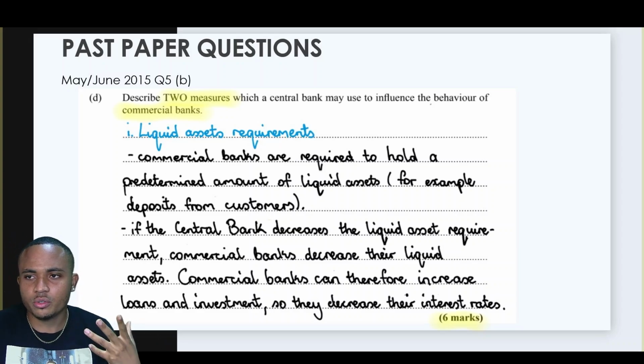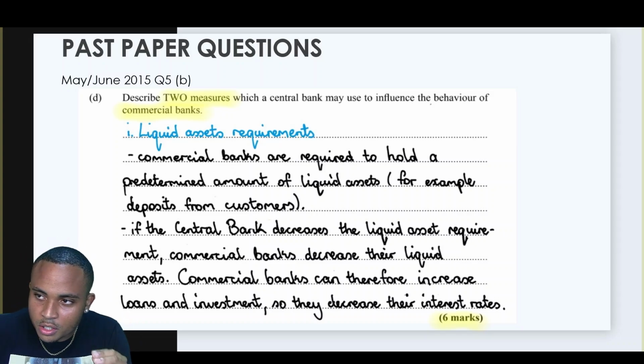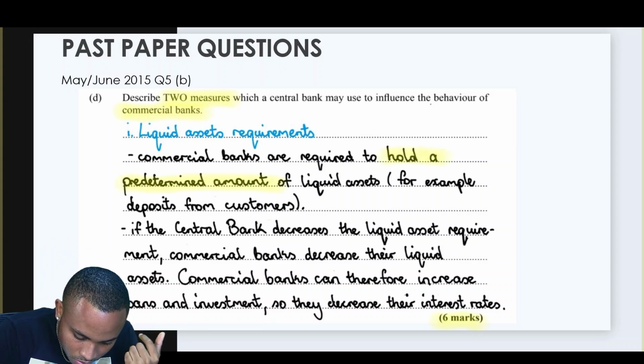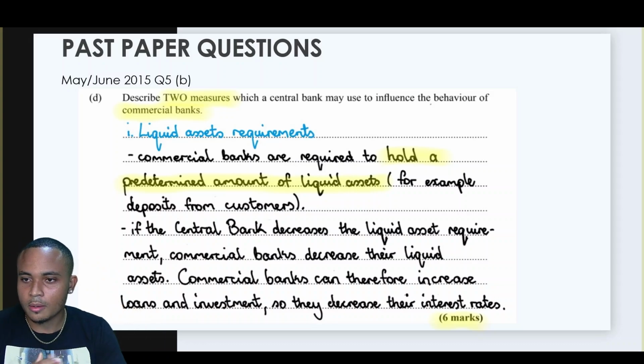I mean, literally just describe these measures. So the first one we have is the liquid asset requirement, and this is where commercial banks are required to hold a predetermined amount of liquid assets, for example, deposits from customers.